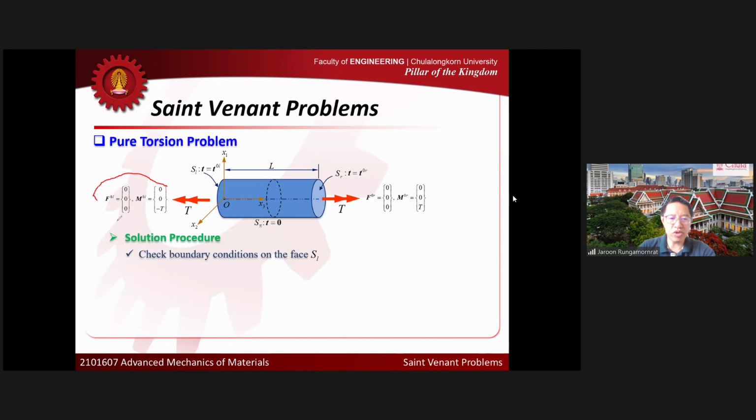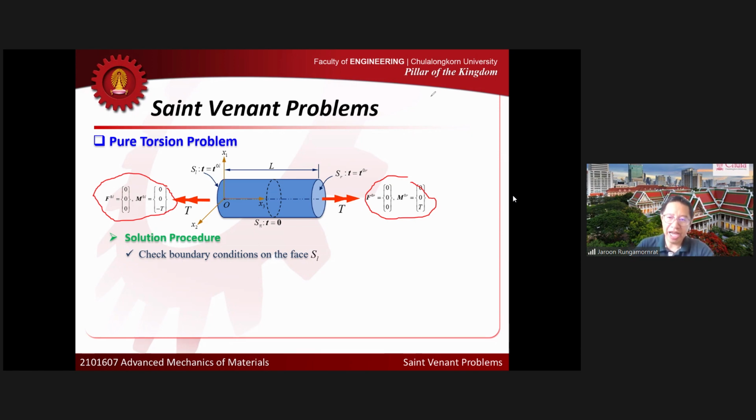So the ones that I show here are net forces and moments at the left and at the right end. So I know the ones that are prescribed. Now I have to confirm that the net forces and moments generated by the stress inside, when we move to the left end and the right end, give exactly the same net forces and moments.